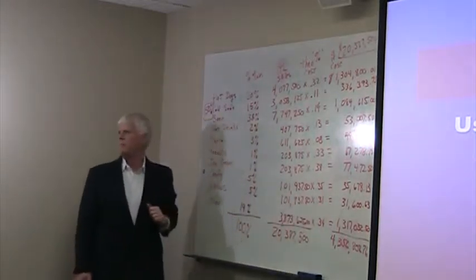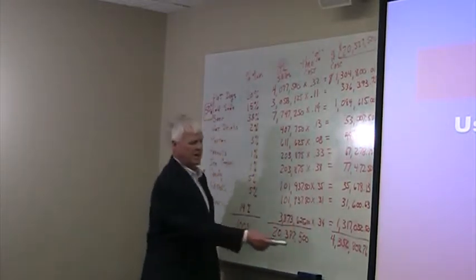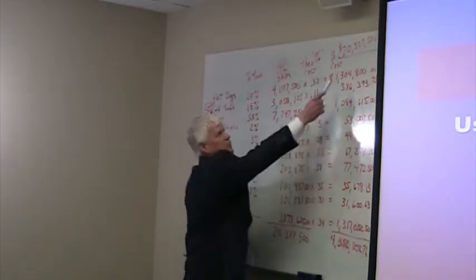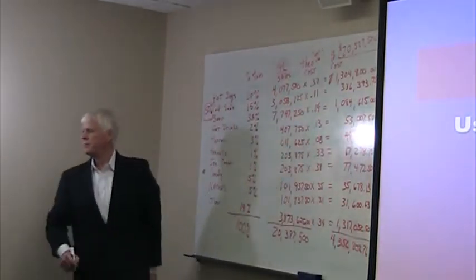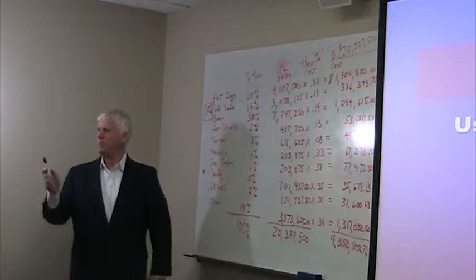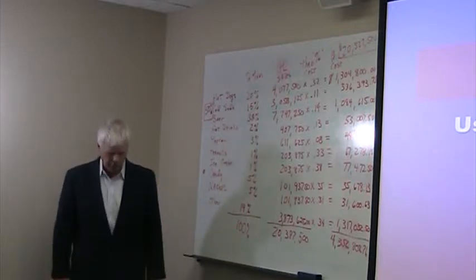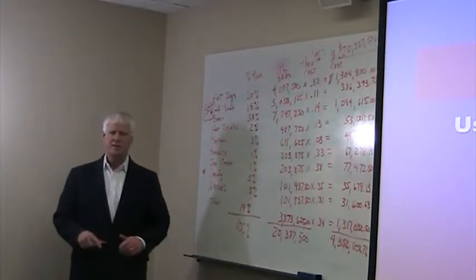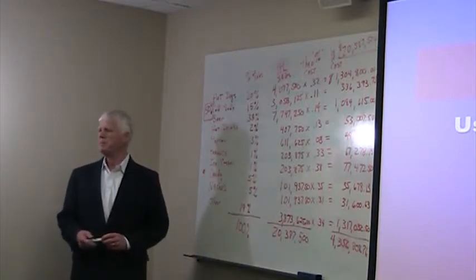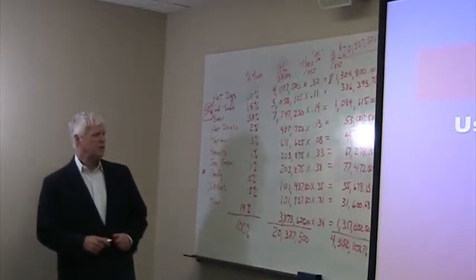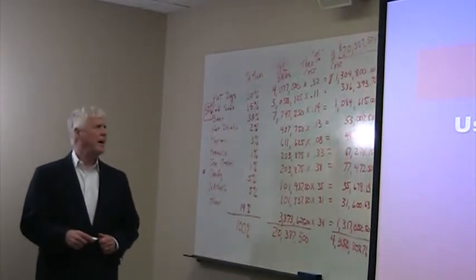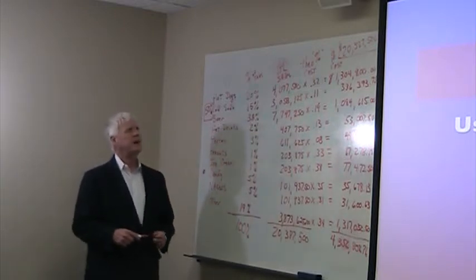So what you do is you take this number divided by your 20 million, and that gives you your food cost as a percentage. That'll be your theoretical cost. No mistakes. So what is 4,356,808 divided by 20,387,500?